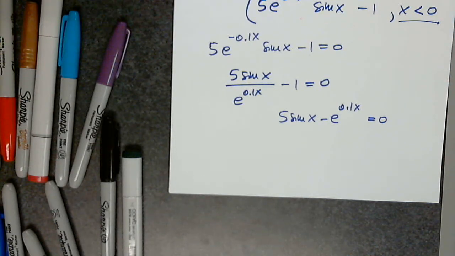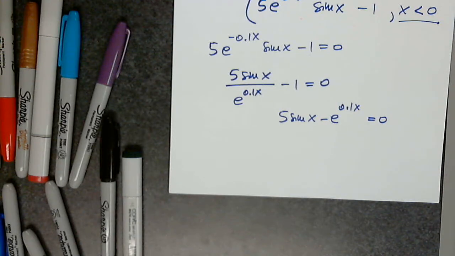So it only is asking how many critical numbers does f have? So this is just the positive part of x. So for x greater than or equal to 0, I'm solving the derivative equals 0.